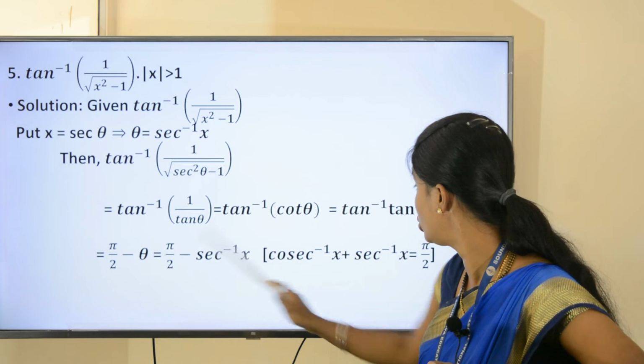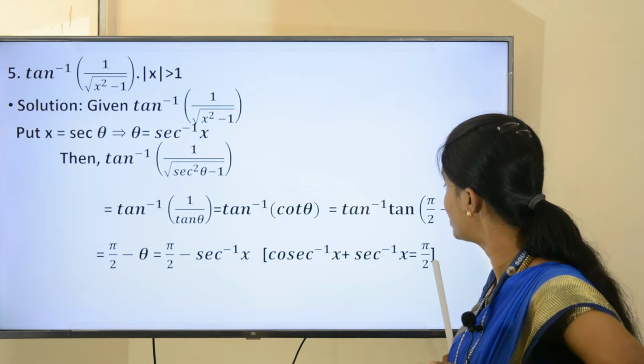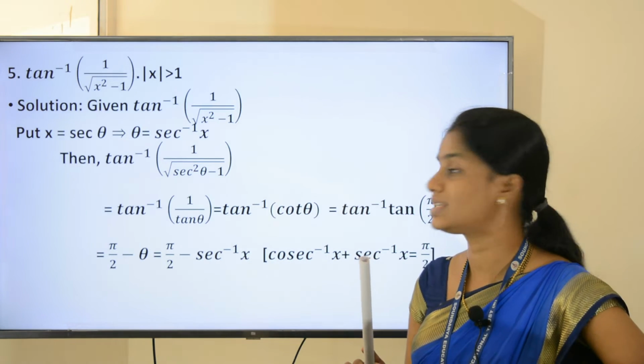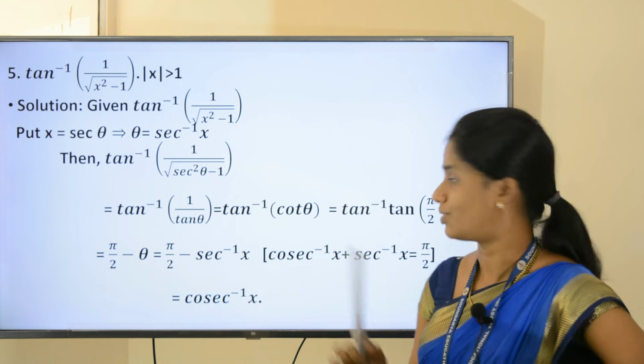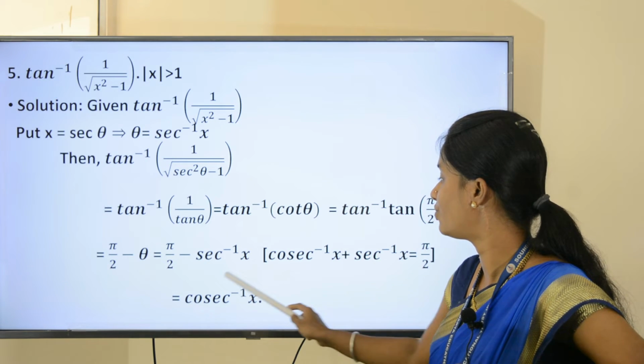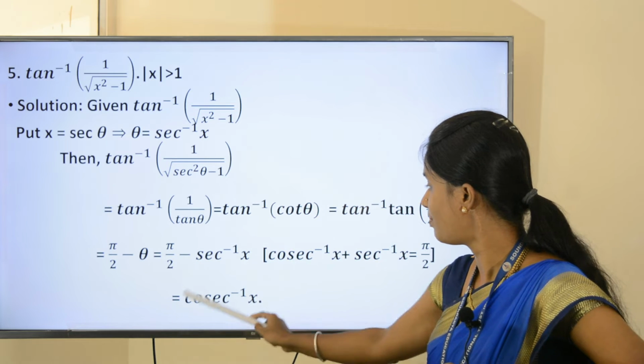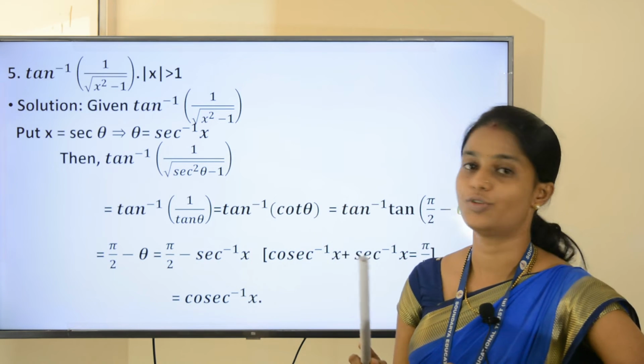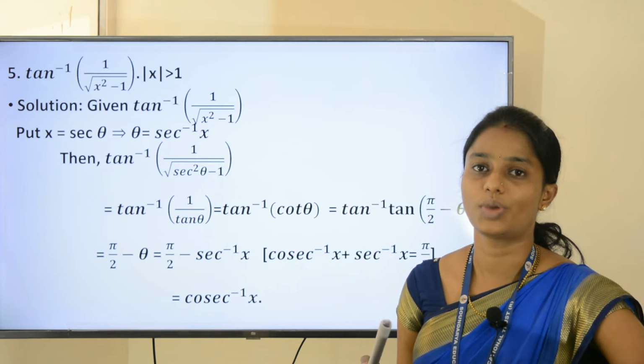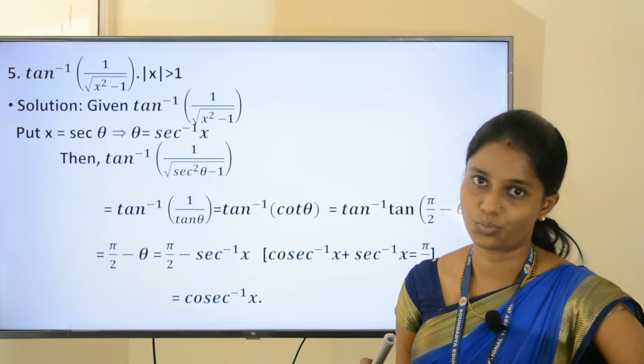So pi by 2 minus secant inverse x can be written as cosecant inverse x. That is the answer, the simplest form of tan inverse of 1 divided by square root of x square minus 1.